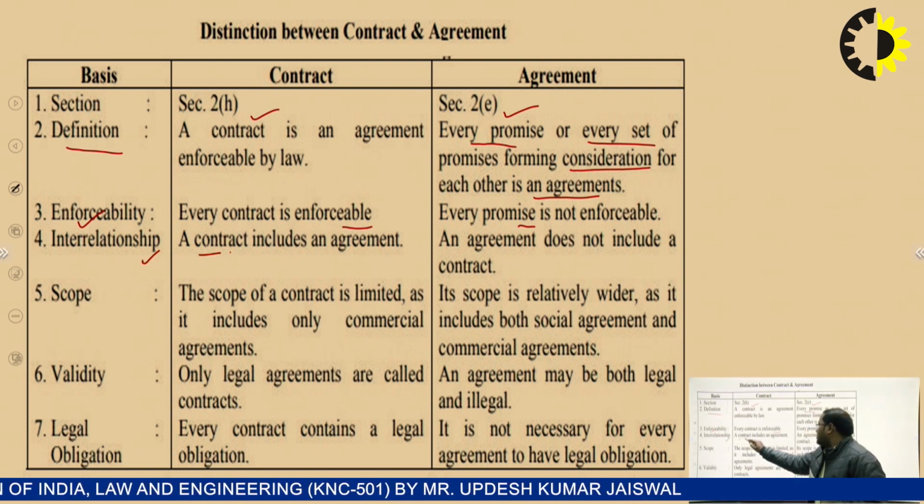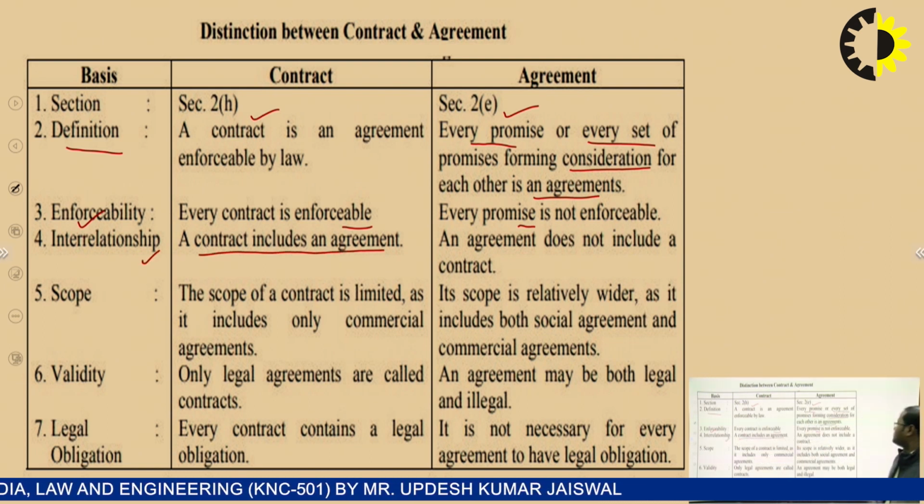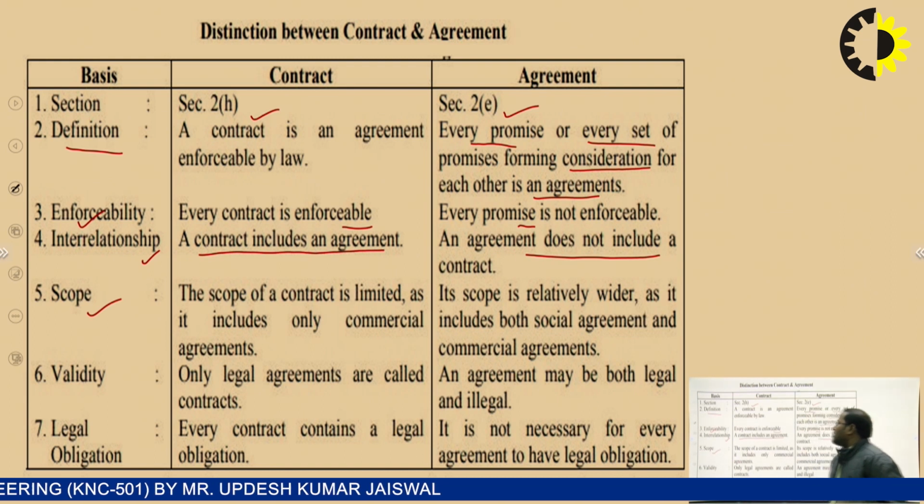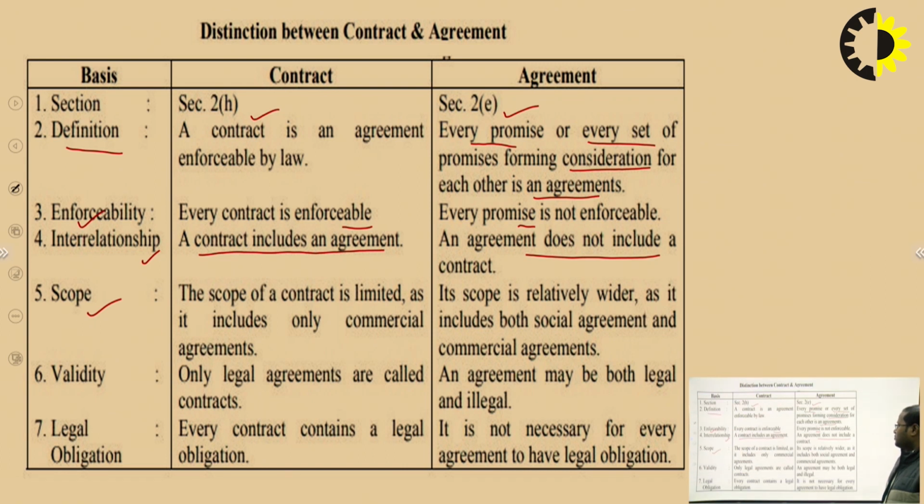Interrelationship: a contract includes an agreement. An agreement does not include a contract. Scope, another basis: the scope of a contract is limited as it includes only commercial agreements. The scope of an agreement is relatively wider as it includes both social and commercial agreements. Another attribute is validity.